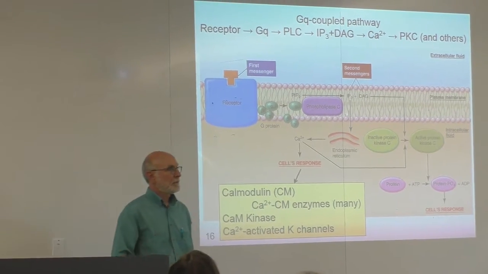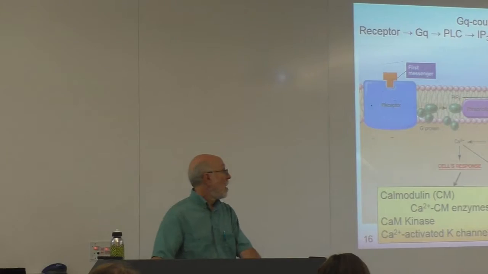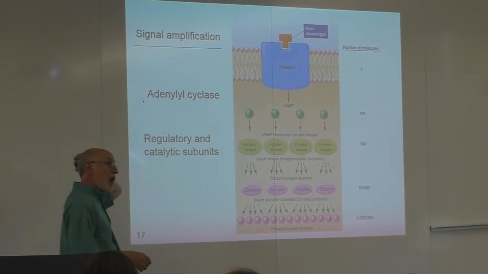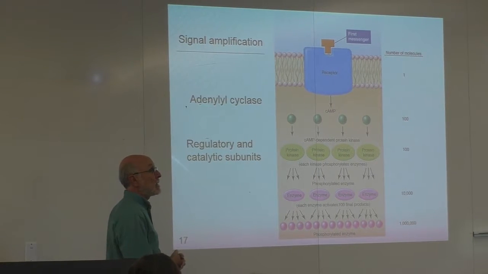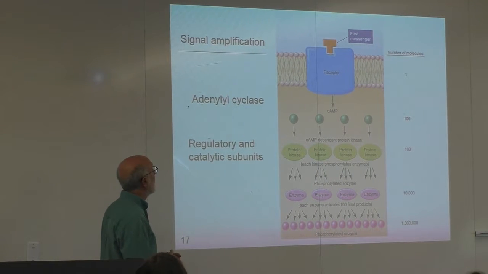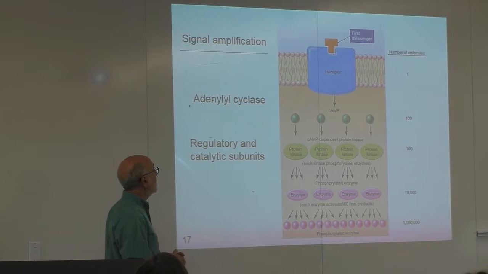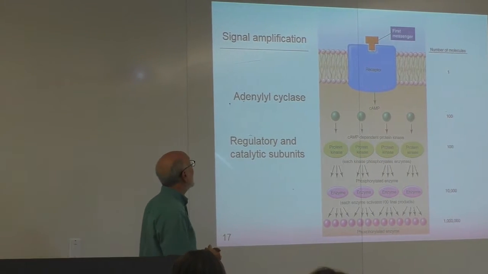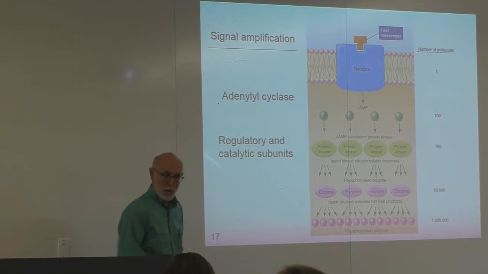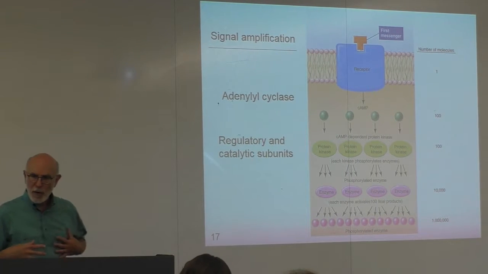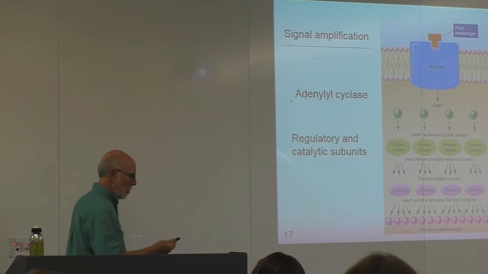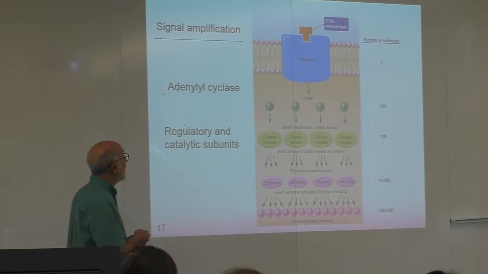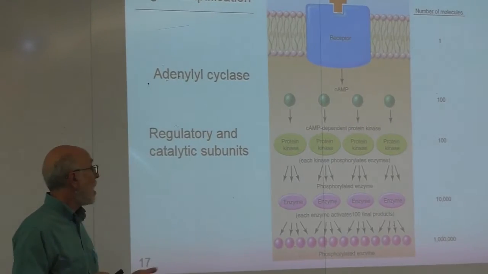A key concept that we did touch on is this idea of signal amplification. I don't want to go into the quantitative nature of this, but the point is one receptor can generate many second messenger molecules.